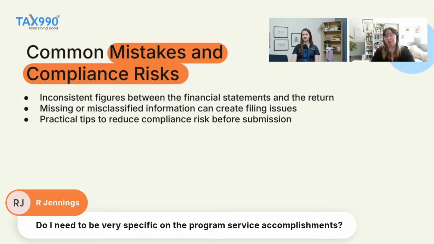There's also an overflow section, so anything that's not reported on page 2 of the 990 Easy, or Part 3 on the full 990, you can carry over onto the Schedule O. The Schedule O is an overflow section for any part of the return that needs more information. So if you really want to get into the great things that your organization's doing, you have more room than is on page 2.